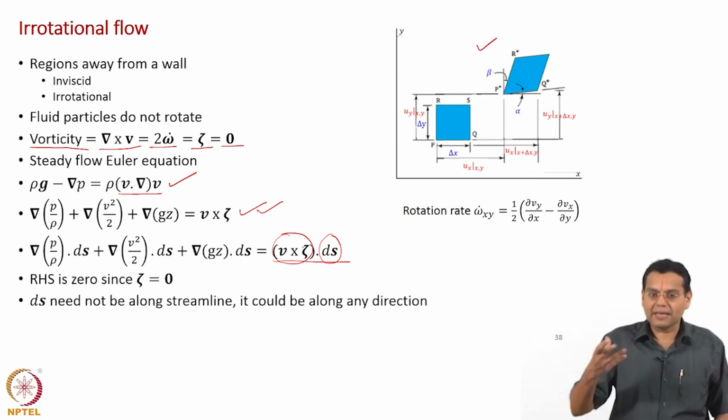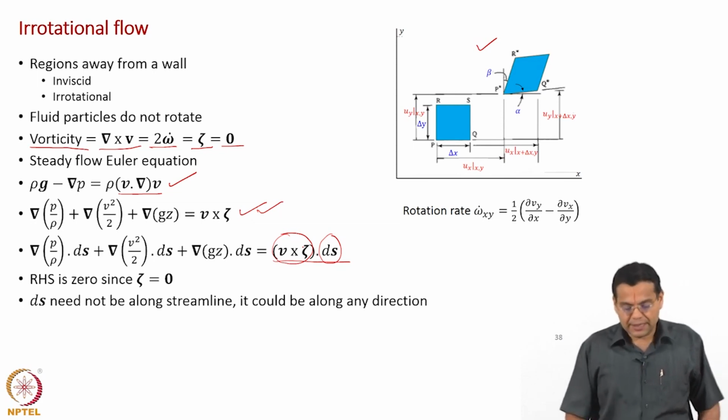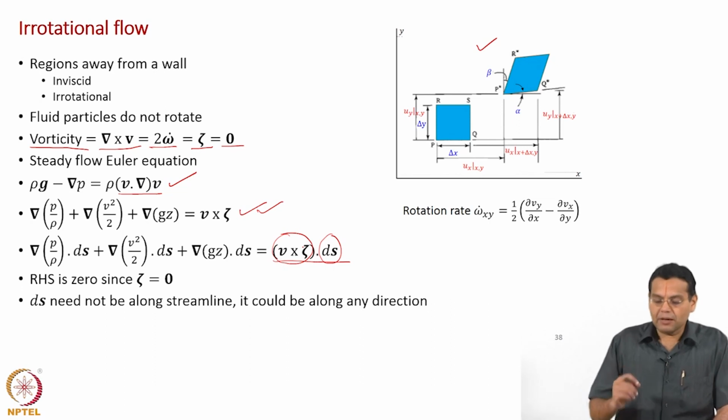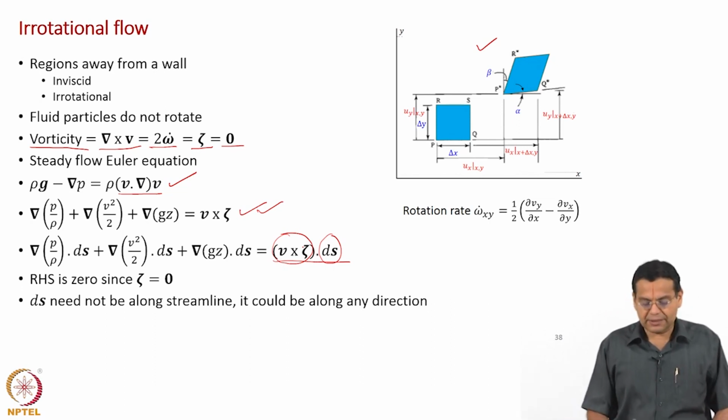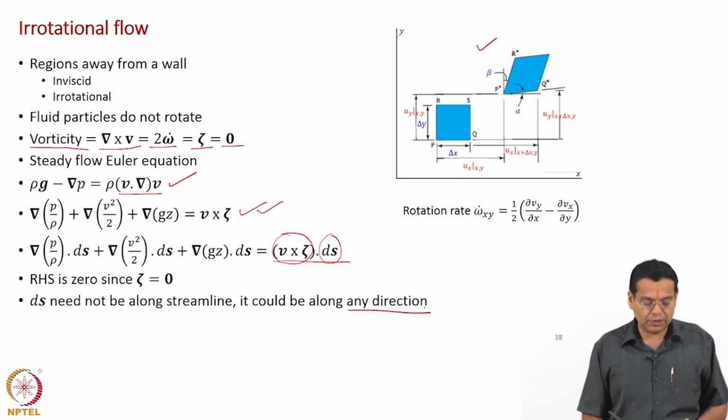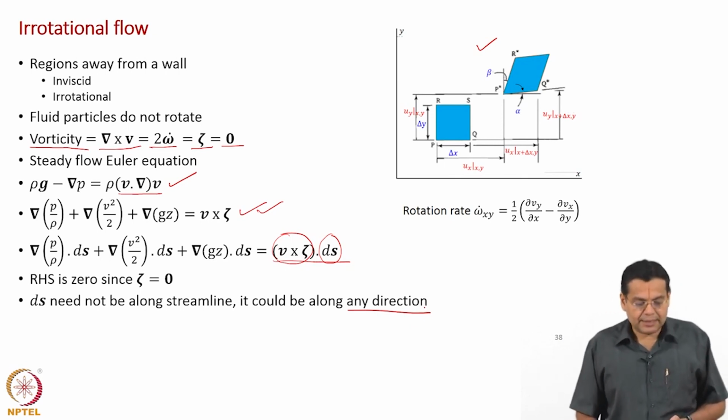Even if you take it along any line, the right hand side is going to be 0. Our idea of taking the differential length along the streamline was to make the right hand side 0. Now that necessity does not arise, because the vorticity is 0 and the right hand side is anyway 0. So, ds need not be along the streamline, it could be along any direction, and this is what we are going to see in the next slide.